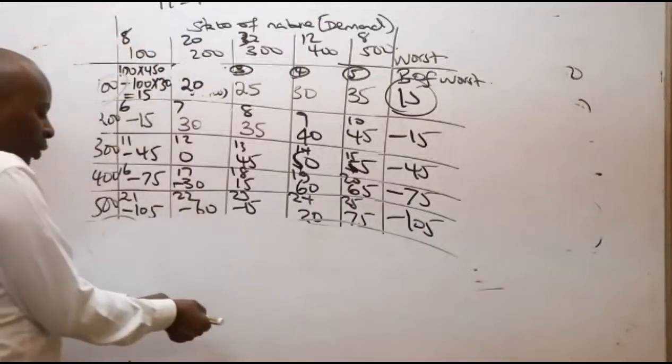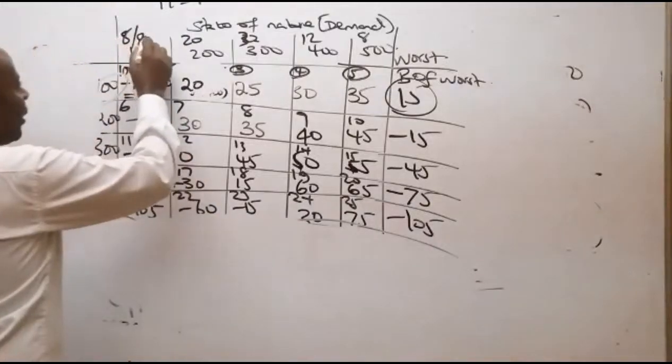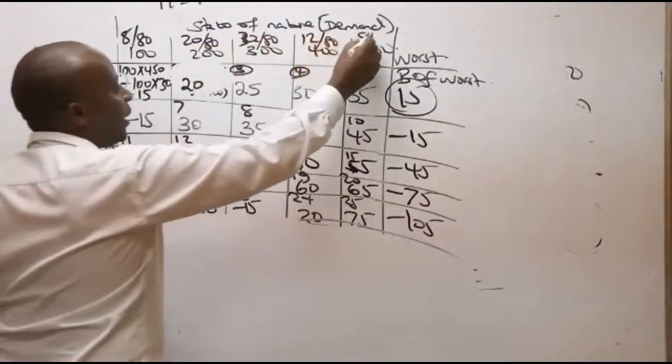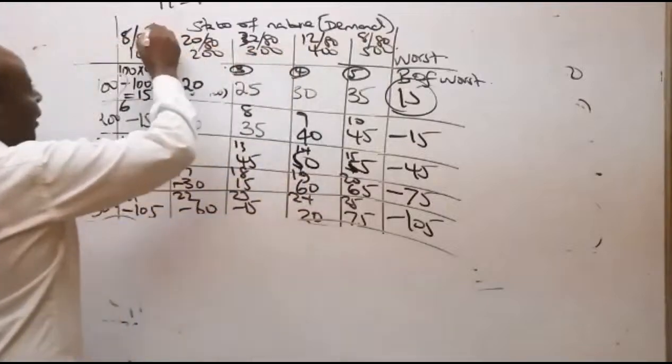Then I'll come and talk of 8 over 80, 20 over 80, 32 over 80, 12 over 80, 8 over 80. Please give us figures here.